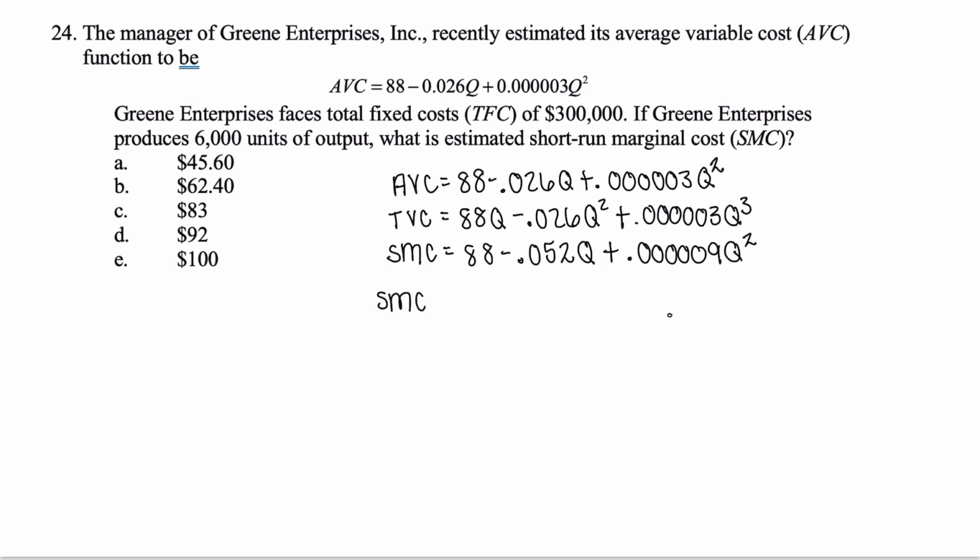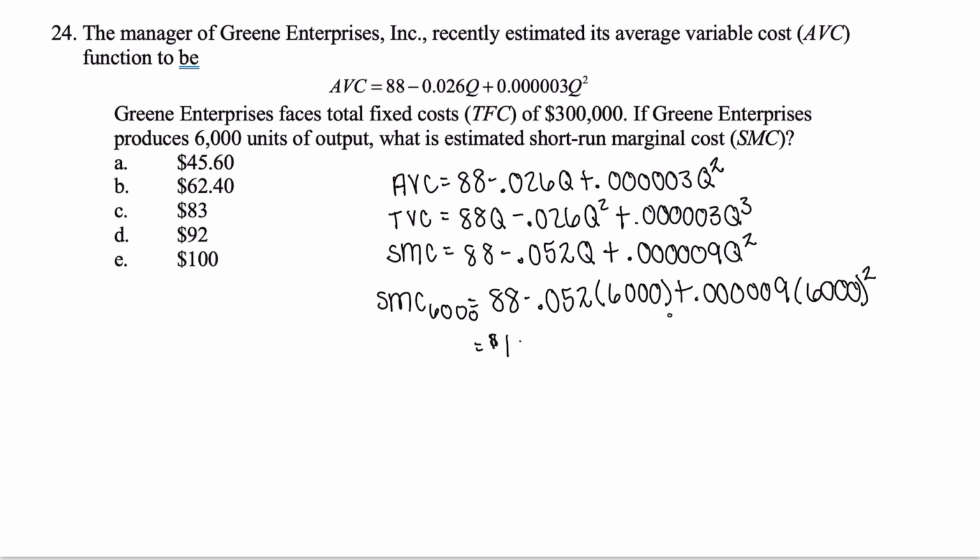So our short run marginal cost at 6,000 is 88 minus 0.052 times 6,000, plus 0.000009 times 6,000 squared, which gives us 100.